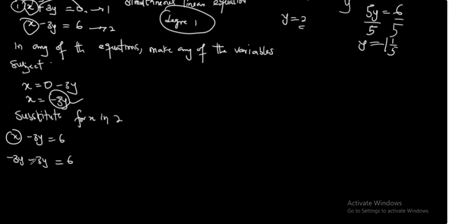Minus 3y minus 3y will give us minus 6y equal 6. To get y, I need to divide both sides by minus 6. So minus will cancel out minus, 6 will cancel out 6, and then my y is equal to minus 1.